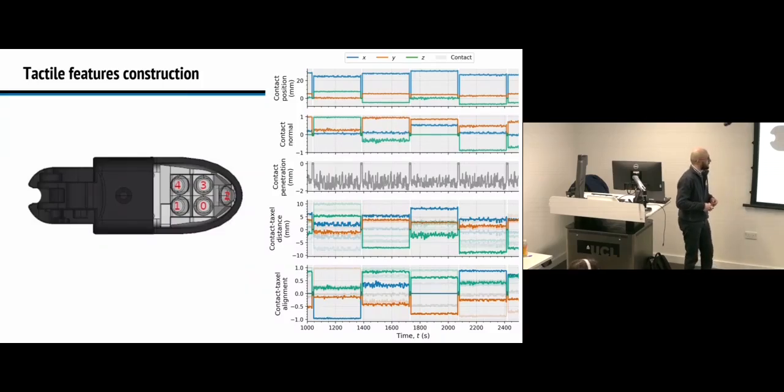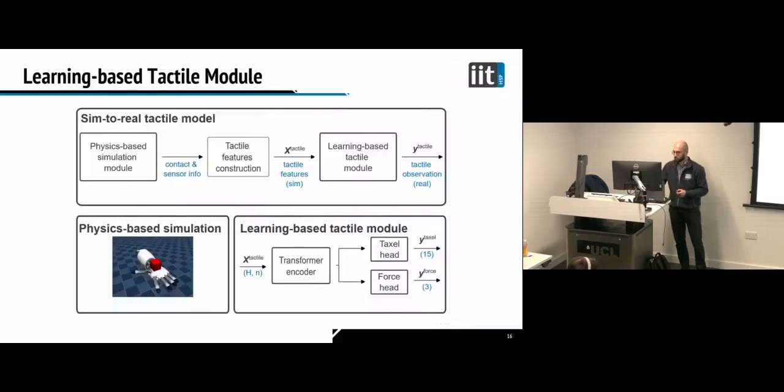And then we have the distance between the contact point and each taxel. And we also have the alignment between the contact normal and each taxel reference frame, because, for example, this taxel has another orientation with respect to these others. And now we are here.